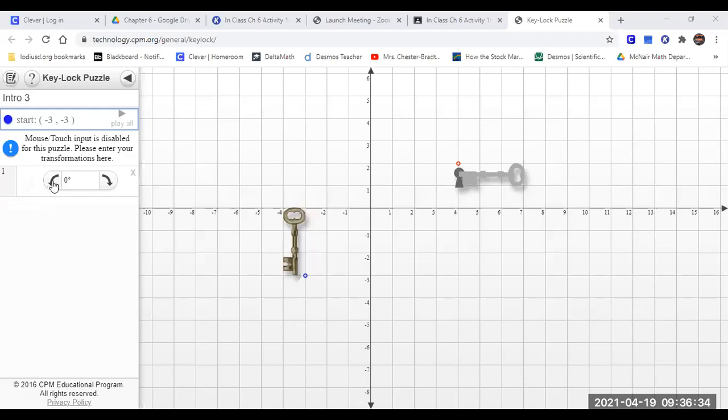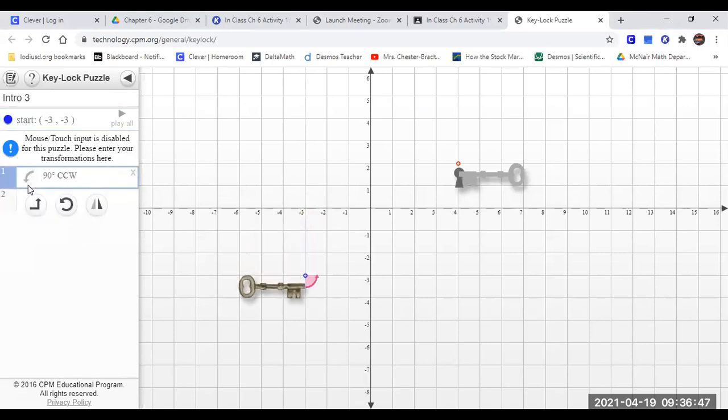Okay, so we're picking left, one tick. Now, if I wanted to go 2, I would change this 90 to be 180, 3 ticks is 270, all the way around is 360. Okay, so let's spin it. Okay, it's now spun. What else do we need to do?